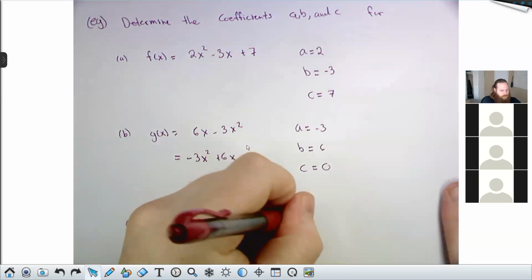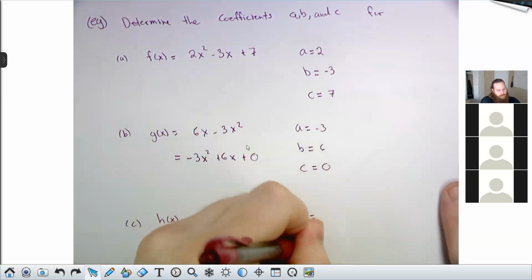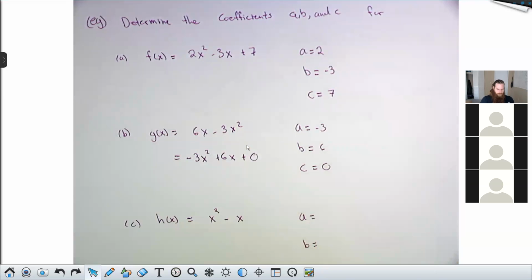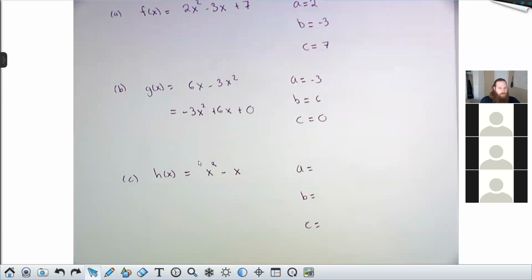What about in h of x? What is a, what is b, and what is c here? Yeah, so the number in front of x squared, we don't see a number there, but that means that's a 1, right?